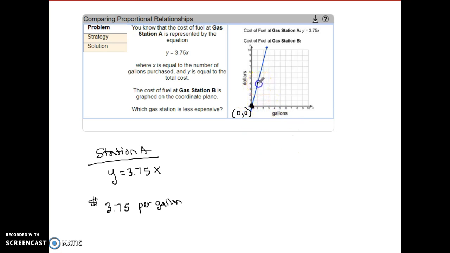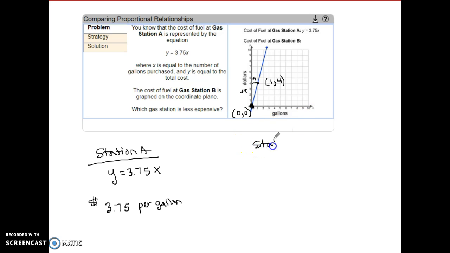And this is another coordinate we could use. That's the point 1, 4. So if we calculate out our slope, just based off of the graph, I have a rise of 1, 2, 3, 4, and a run of 1. So that would give me a slope of 4 over 1.